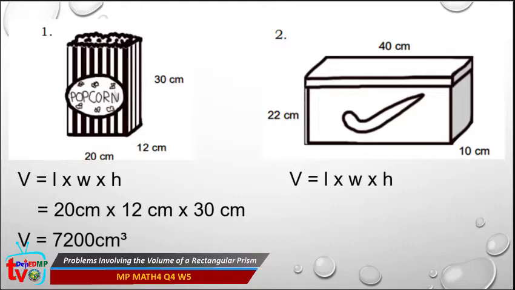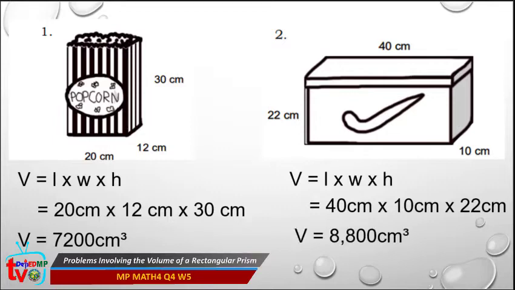For the shoebox, following the same formula, volume is equal to length times width times height, where length is equal to 40 centimeters, width is equal to 10 centimeters, and height is equal to 22 centimeters. We get the product, and that will be volume is equal to 8,800 cubic centimeters.